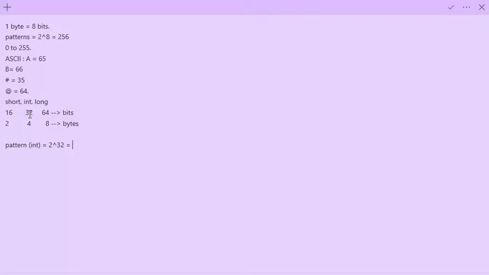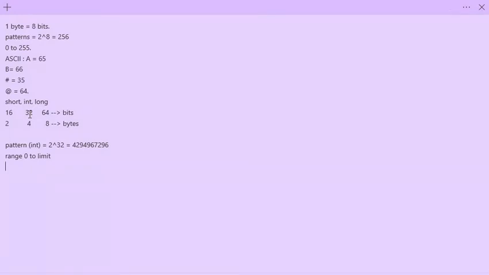It is 4,294,967,296. And if we go for the range, it can store from 0 to the above limit.